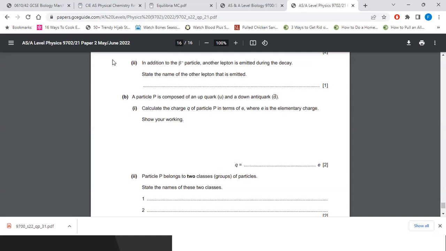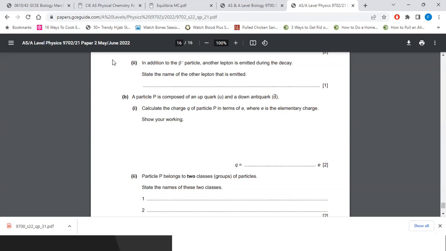Do we just add them? Yes. The charge is 1e. Yeah, good job.